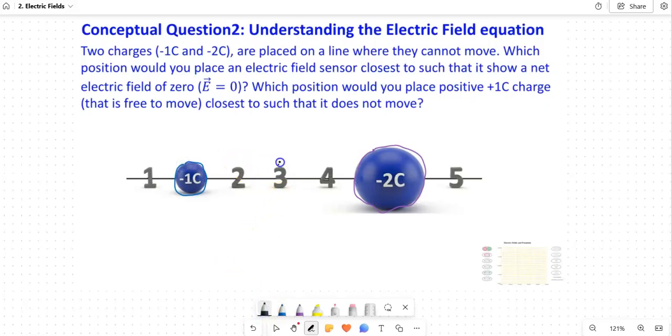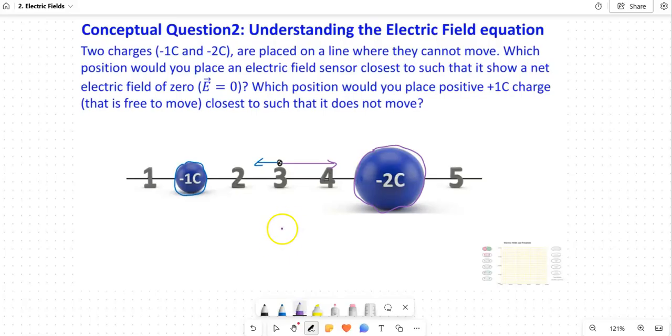So you place the sensor right here at the center. The electric field is going to be large. The purple 2 Coulomb charge is going to have an electric field that is large and pointed towards it, but half as large and pointing towards the negative 1 Coulomb charge.